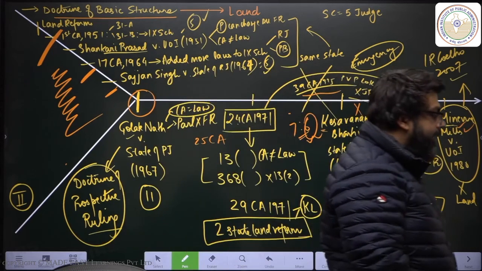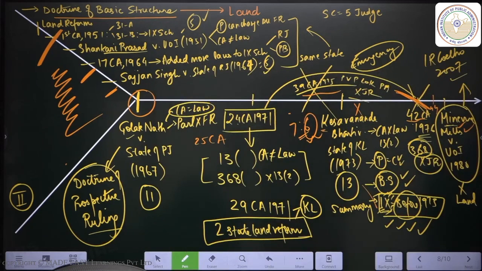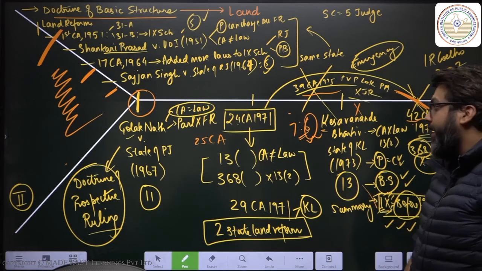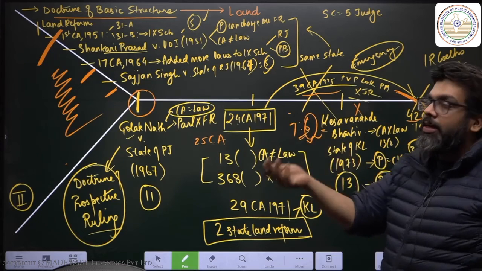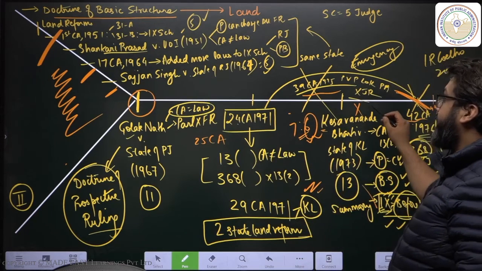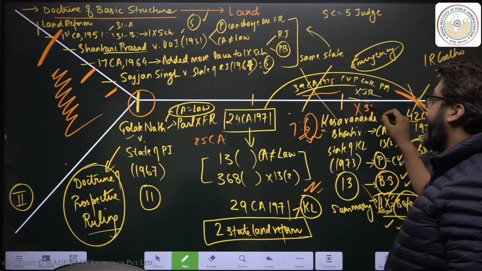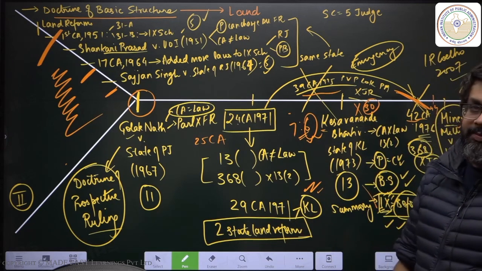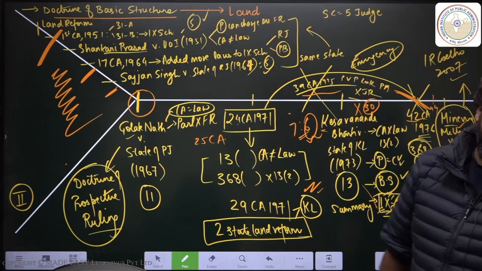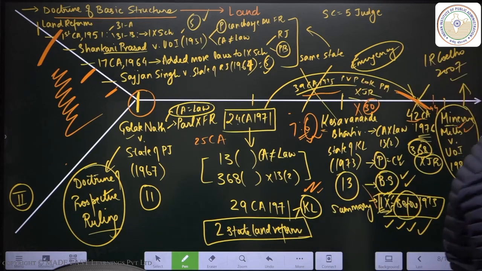Kesavananda Bharti was the leader of a Hindu religious congregation in Kerala, and their land was taken away under the Kerala Land Reform Act, which is why Article 30 was invoked. Religious land, but land nonetheless. Clear? Okay.